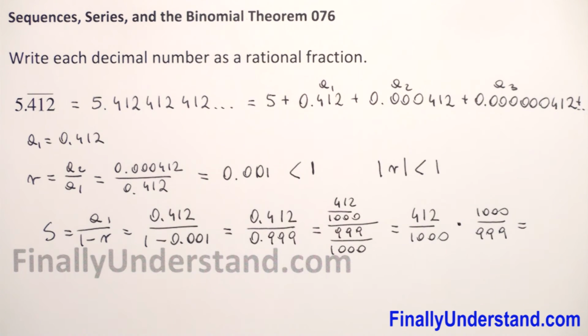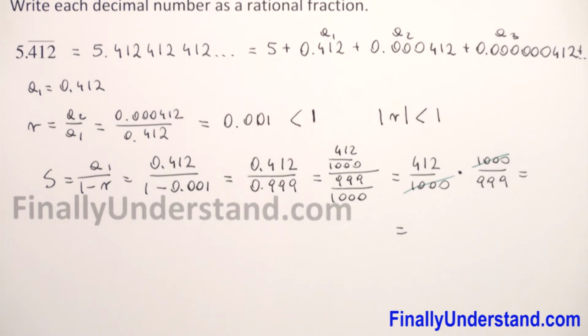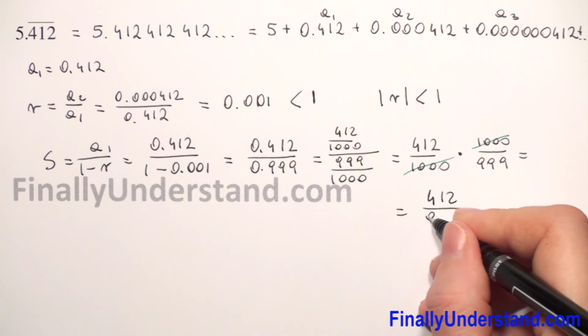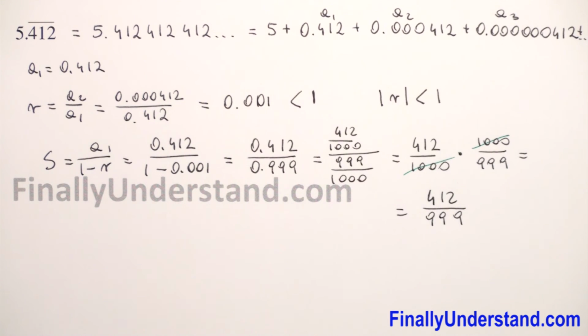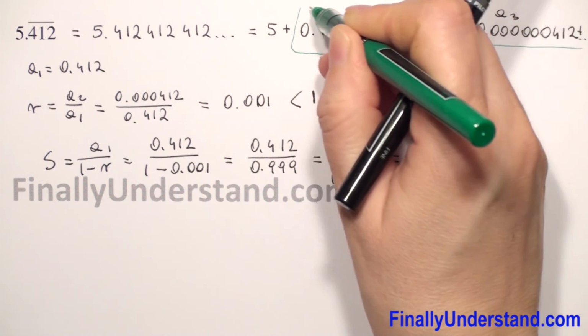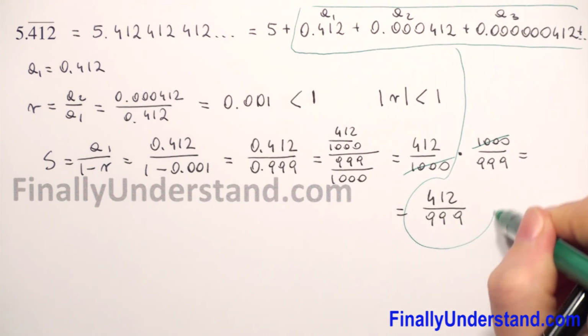Now we can reduce 1000, and this is equal to 412 over 999. So we calculated the sum of this infinite geometric series. The sum is equal to that number.